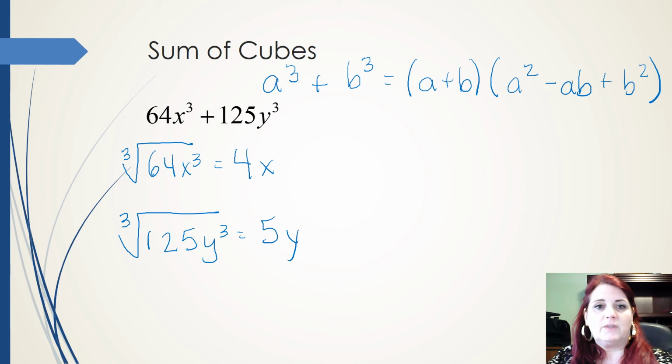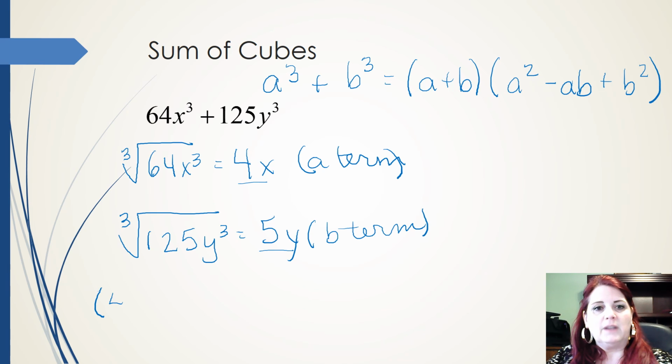So since they are perfect cubes, I can find the cube root of them. I'm going to put those, this is my a term, and this is my b term. So I'm going to have a 4x plus b, which is 5y.